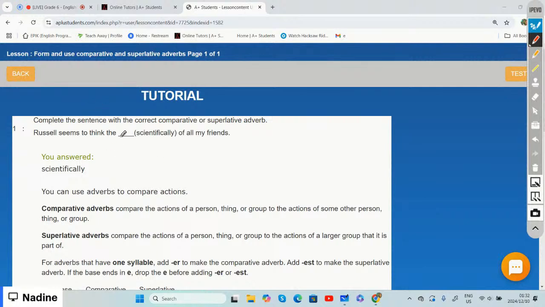Most, because remember, we are comparing it to a larger group. So we say most scientifically.